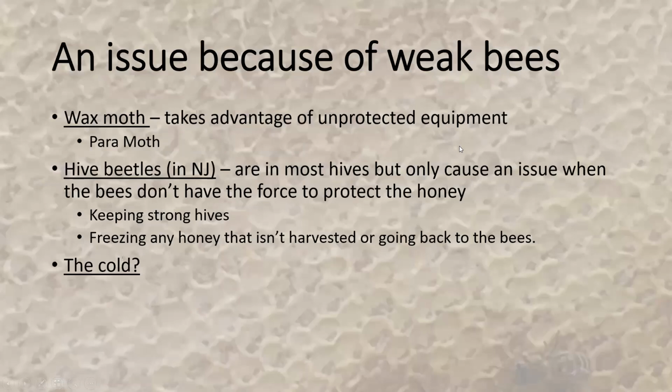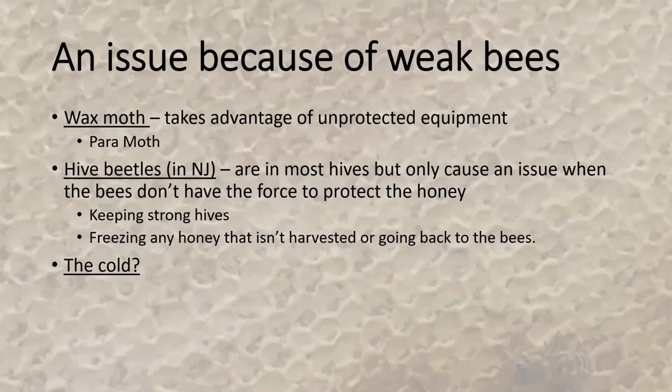So you'll see, oftentimes, something called wax moths. Wax moths take advantage of unprotected equipment, and they eat beeswax. And in eating that beeswax, they make a mess of it.